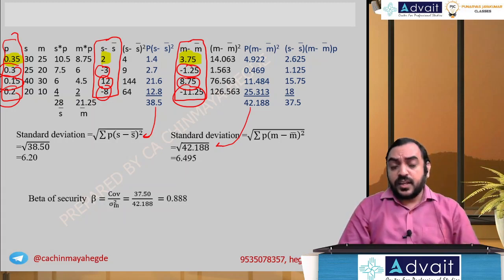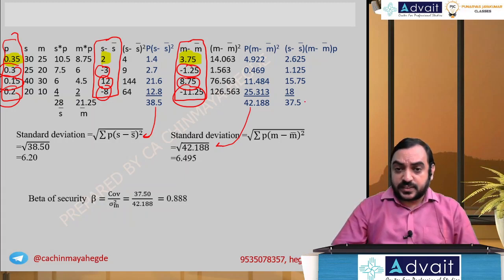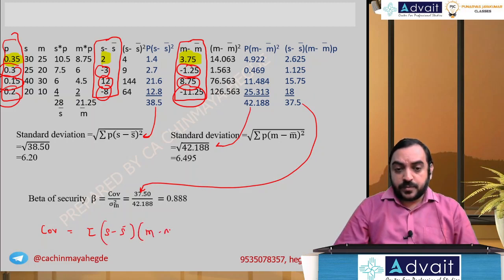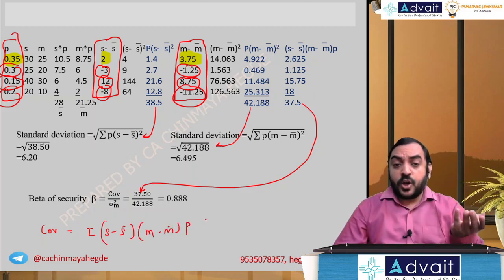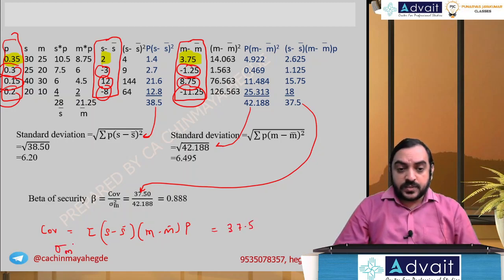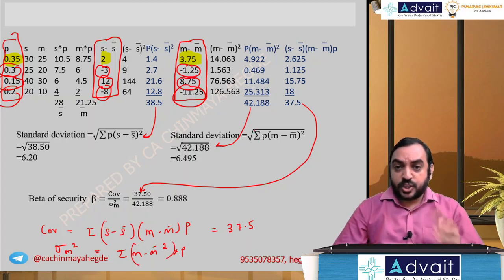Covariance divided by market variance. Covariance itself is this, because covariance is summation S minus S bar into M minus M bar into P. Divide by n not required. That itself is 37.5. And market variance is summation M minus M bar whole square into P. No need to divide by N. That itself is the column total, 42.188.